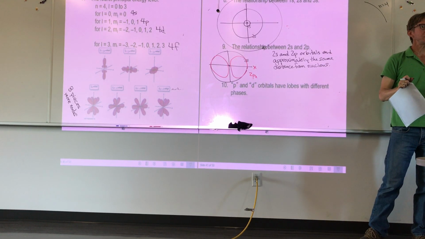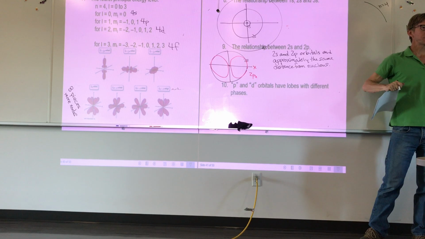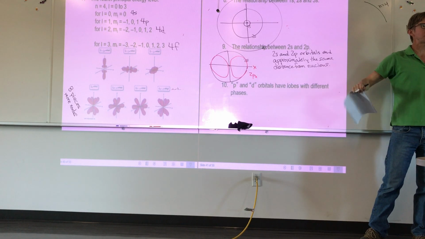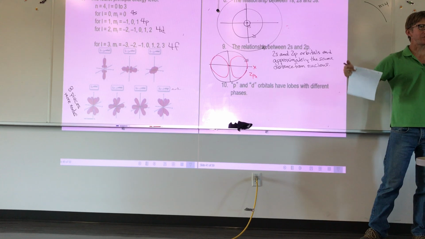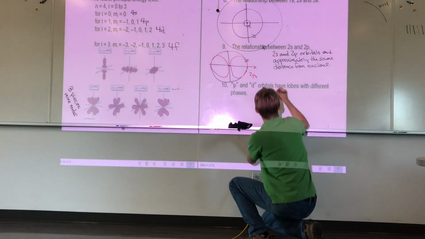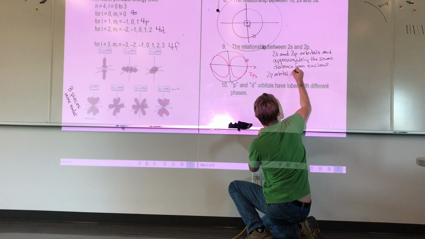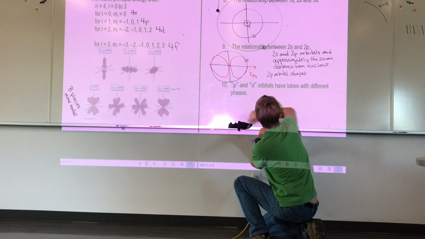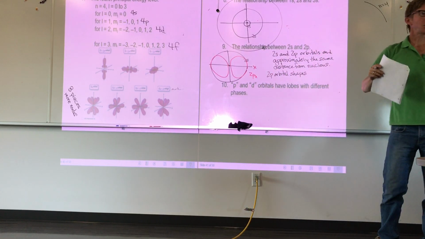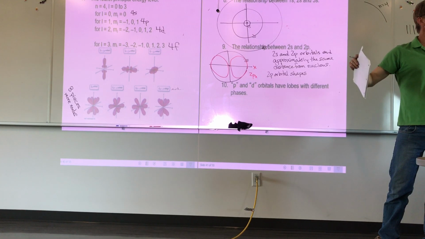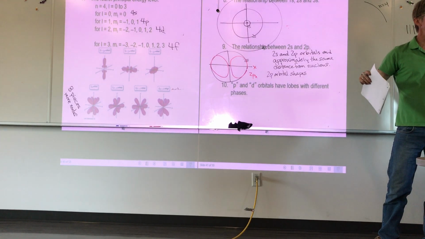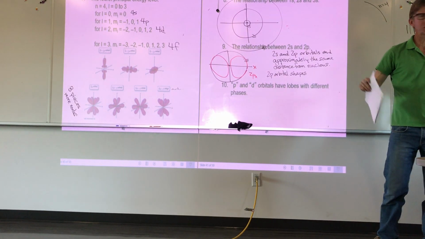And 2p orbitals are more complicated shapes for stuffing more electrons into the same n equals 2 volume.